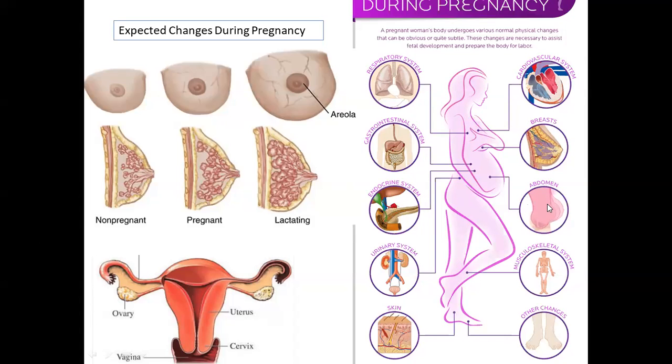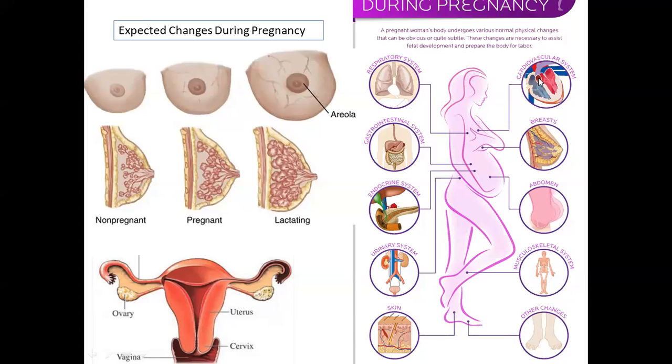And this is the abdomen, urinary system, urinary bladder, ureter, kidneys, musculoskeletal system, integumentary and other changes. So for the cardiovascular system, what are the expected physiological changes during pregnancy?